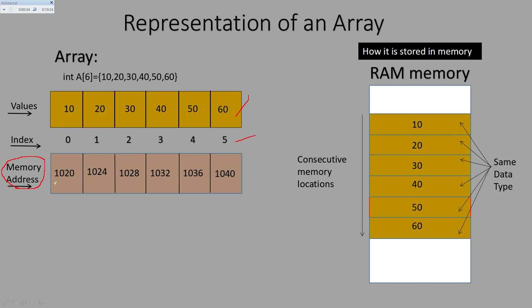So you can see here 10 is stored at 1020, 20 is stored at 1024, and 30 is stored at 1028. As you can see, after every 4 bytes the memory address takes place. So this is nothing but the contiguous memory locations.